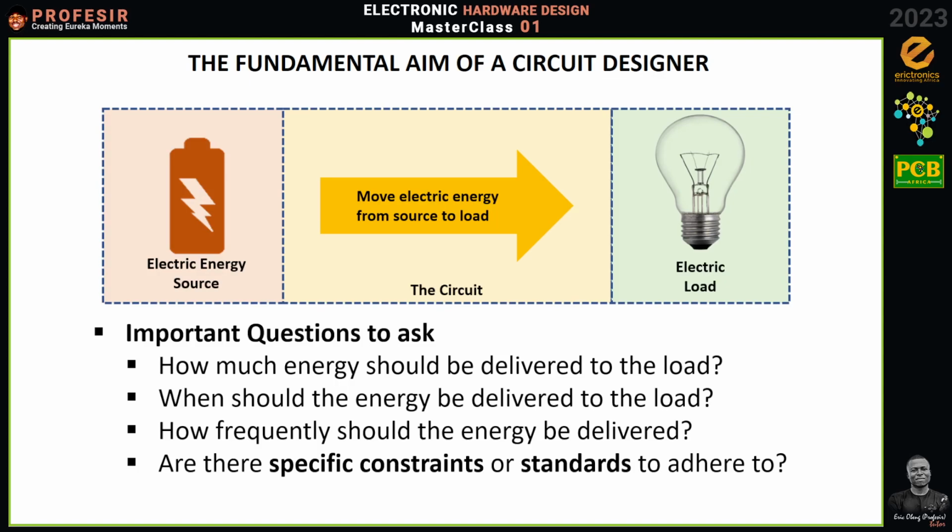So as a system designer who is working on a mobile phone, one of the things you have to look at is to make sure that your system is able to efficiently depend on battery for a very long period of time. So these are all specific constraints. And there is also the question of standards. Every country has certain standards that electronic systems have to meet in order to be accepted.